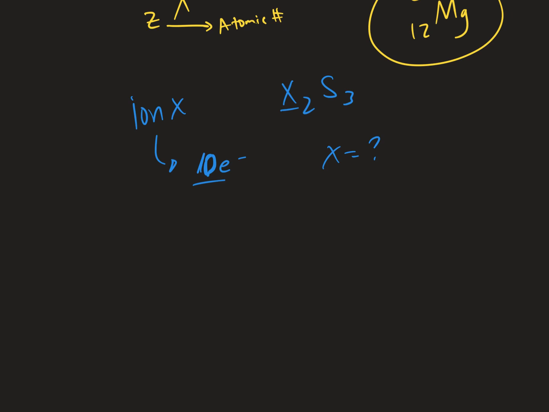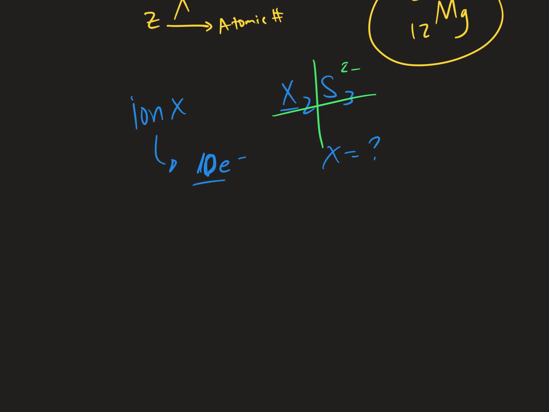Okay, so let's think about this. Do we know the charge of X? No, because it's not on the periodic table. Can we figure out the charge of X? Yeah. Do we know the charge of sulfur? It's 2 minus.